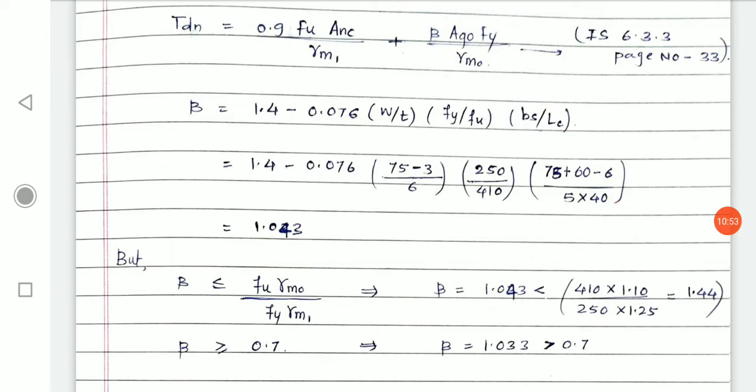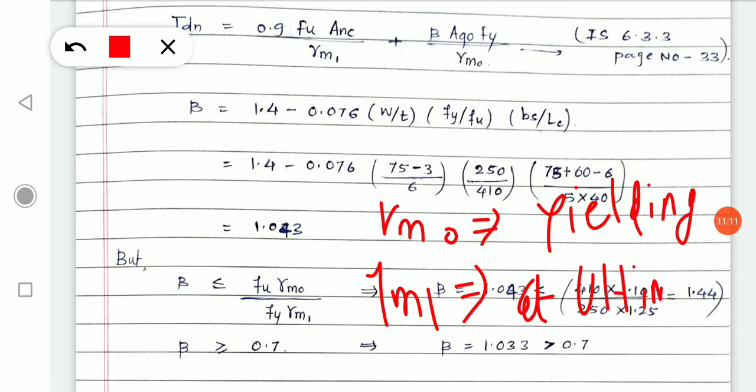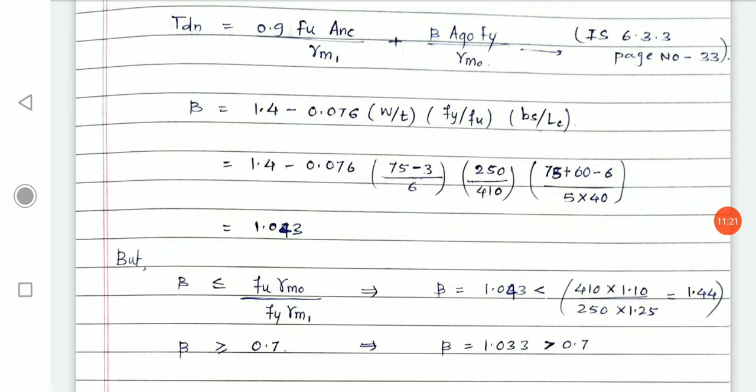So here in the calculation of rupture, we are taking the partial safety factor gamma M naught for failure in yielding, as well as gamma M1, which is failure at ultimate stress. I hope it is clear, and you can find the values of it in table number 5 of your IS code. Okay, let's go further.